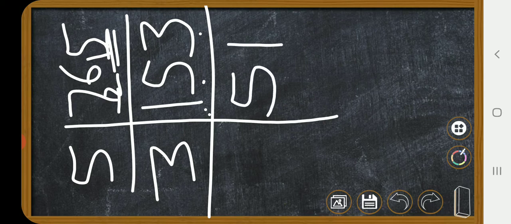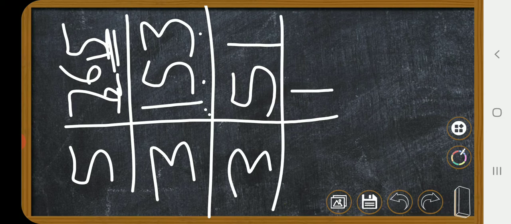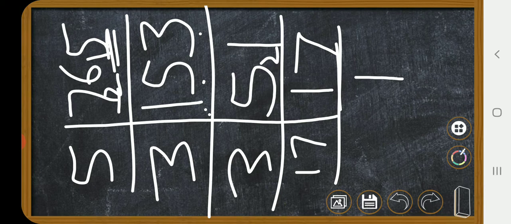Again 5 and 1, 3 1s are 3, 2 remains. 5 minus 3 is 2, 3 7s are 21, and 17. Now 17 is a prime number, so it is divisible by itself only, so 17 1s are 17. Okay, so these are the prime factors of 765. Okay, understood?